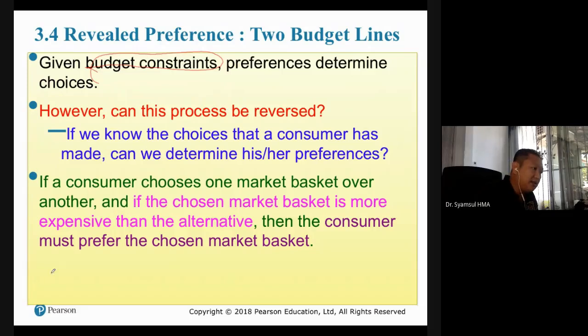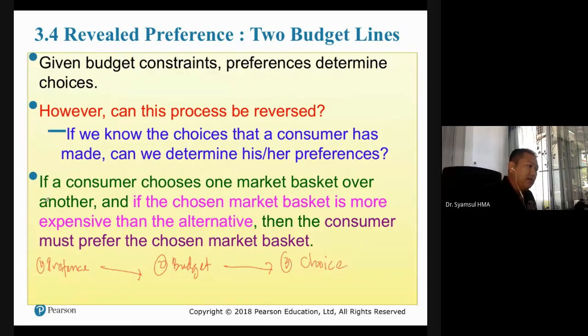Remember, in our class we have preference, and then we talk about the budget, and then we have the choice.